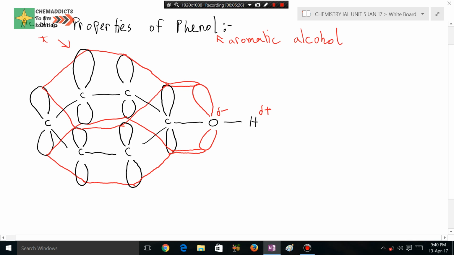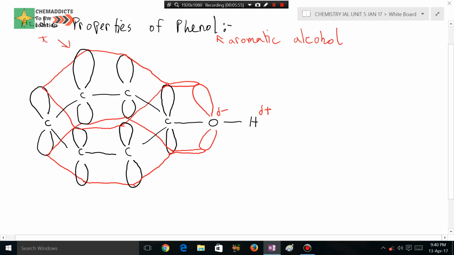So this means that the hydrogen atom is much more easily lost from phenol than from aliphatic alcohols. This makes the hydrogen atom separate from the phenol much more easily.